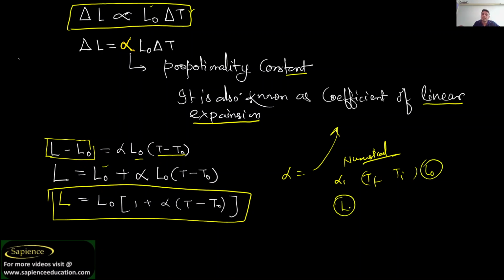You need to find the final length, or you may want to find the change in length, then you can easily find the change in length. Okay, so these are the things. Got it? I hope you have understood now, right?